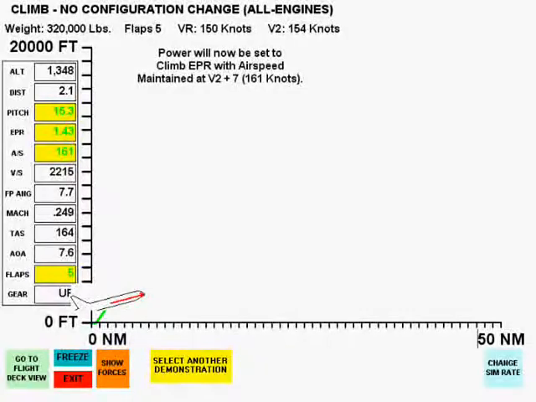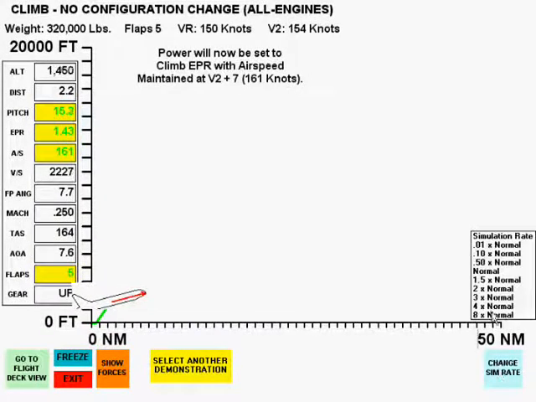Now we will go to the altitude versus distance plot and increase the plotting speed.